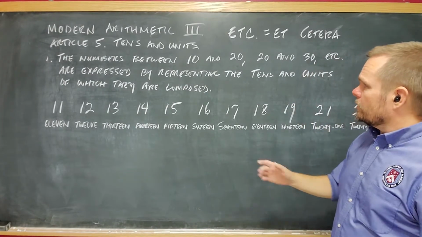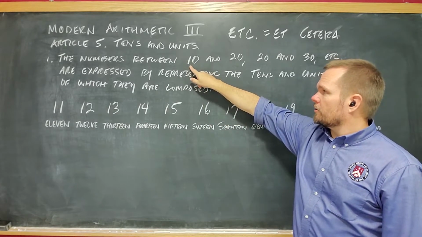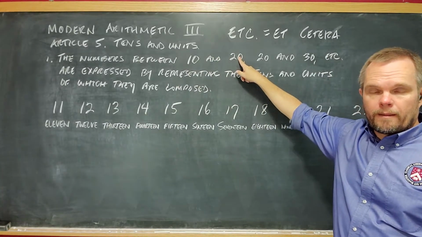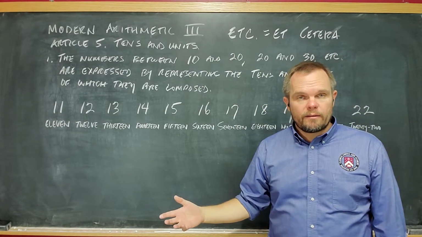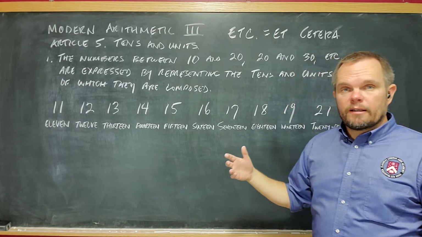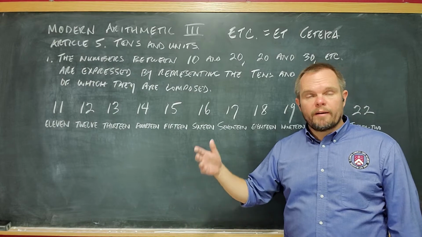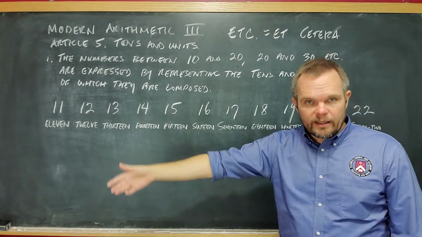So the first thing we're going to learn is how to write the numbers between 10 and 20. We've already learned how to write the numbers 1 through 9, and we learned how to write 10, 20, 30, 40, 50, 60, 70, 80, and 90.